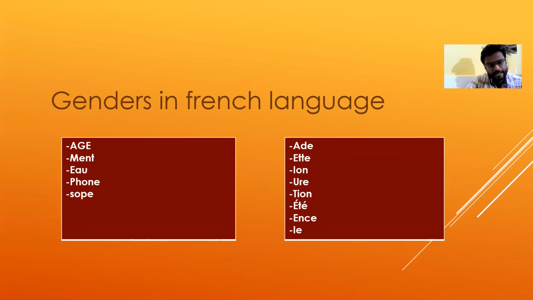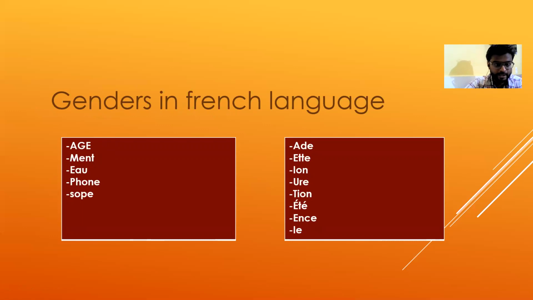All the words that end with age are masculine. Ment, monument is masculine. Bâtiment. Ouais, très bien.